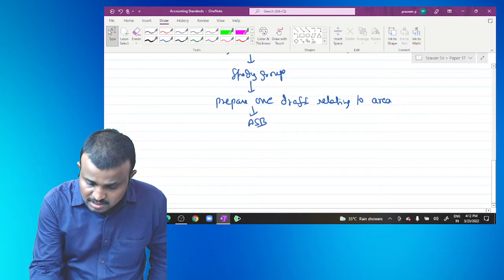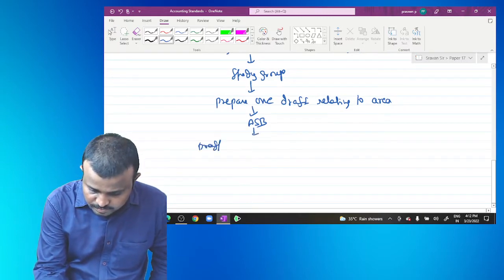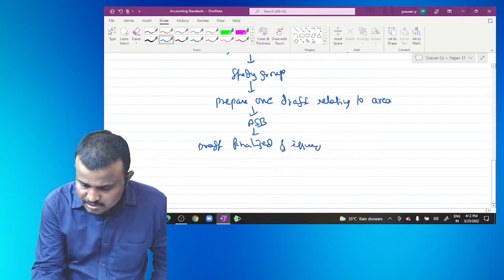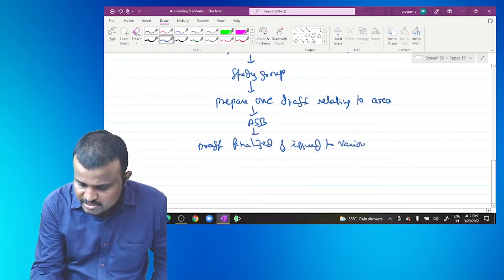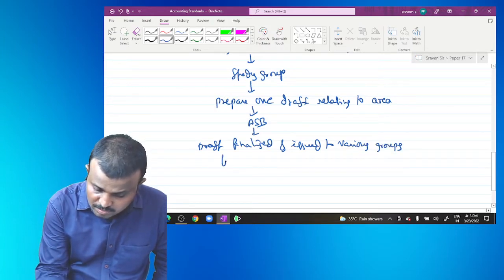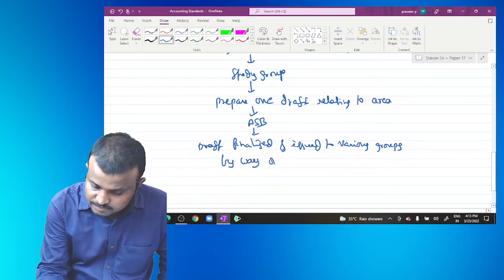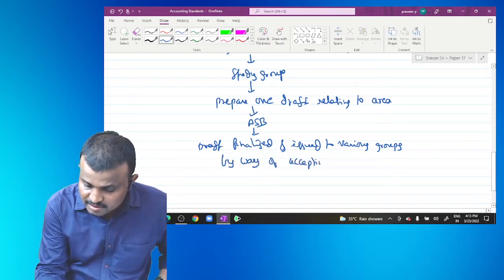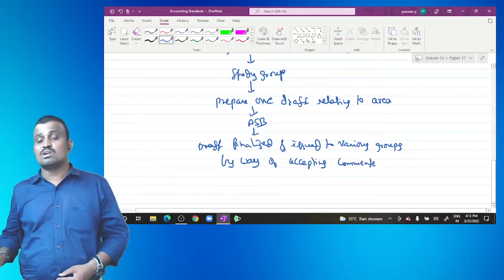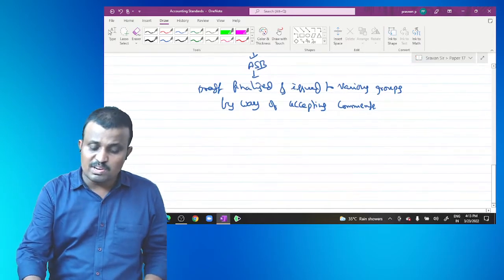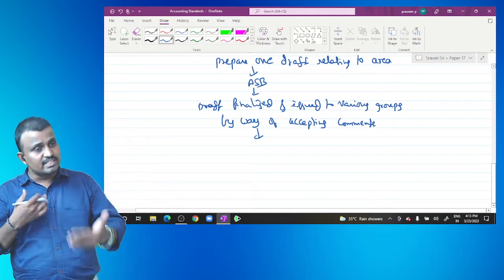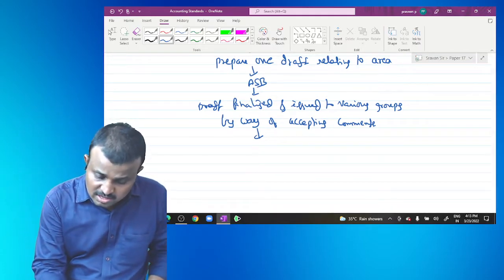So the draft is finalized and issued to various groups by way of accepting comments, the comments provided by the members of the respective institutes and industries.